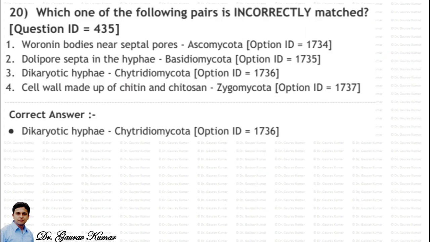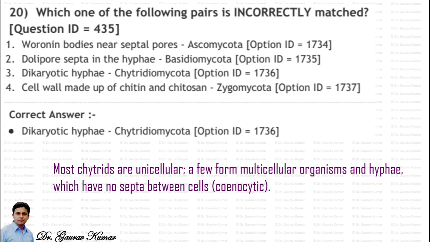Next question: which one of the following pairs is incorrectly matched? Out of the 4, the incorrectly matched one is dikaryotic hyphae with Chytridiomycota. The reason is that most chytrids are unicellular.